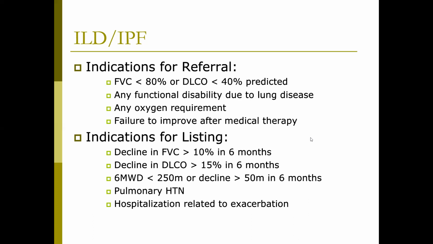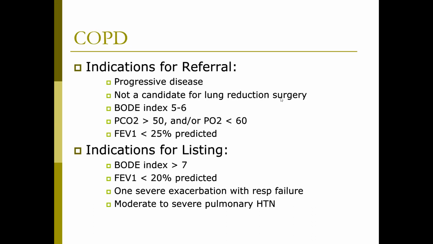So, remember these general numbers as far as FVC and DLCO go, and let's compare that to COPD, which I think is coming up. For patients with COPD, indications for referral are progressive disease. Most everyone has progressive disease, but not a candidate for lung reduction surgery.